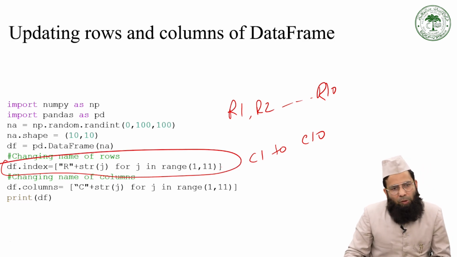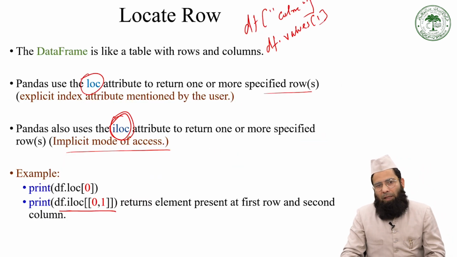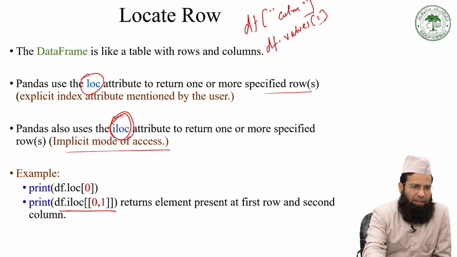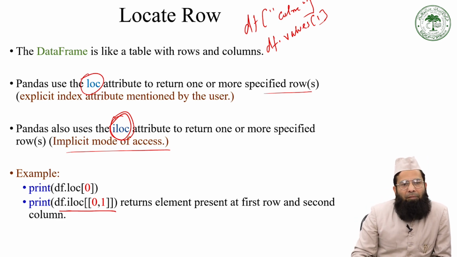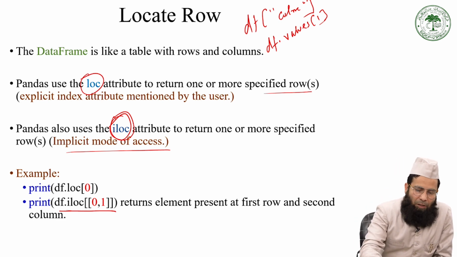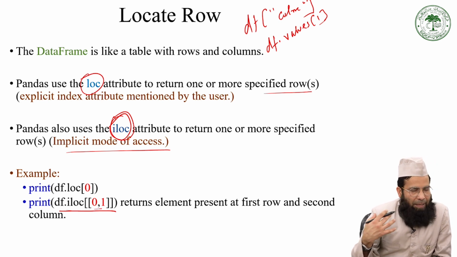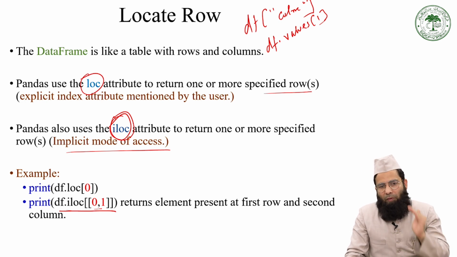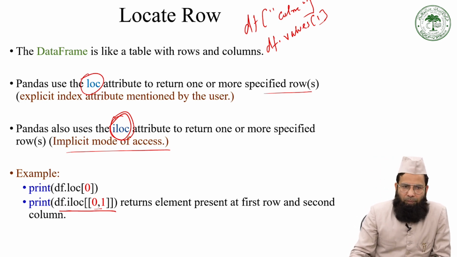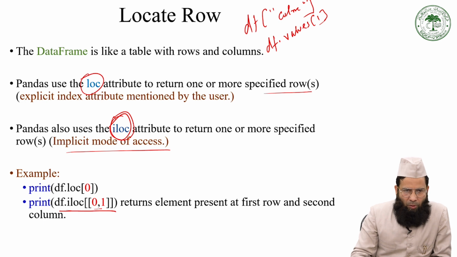So you cannot use the loc attribute in that case. Like loc 0, 1, you cannot use, since the location at the index has been updated. But iloc can always be used in this manner, whether you have updated your index name or not. So that is the difference between loc and iloc.